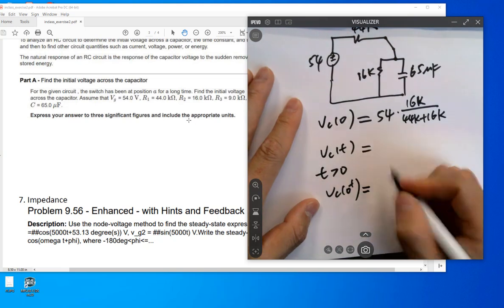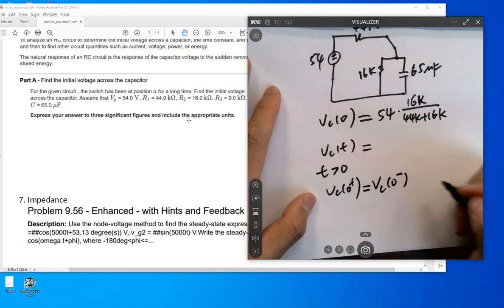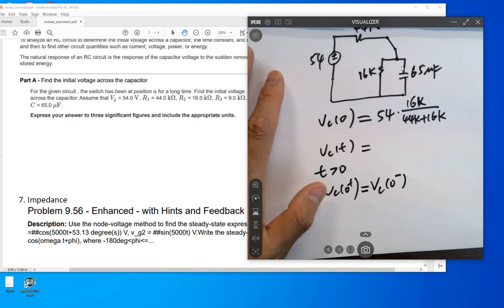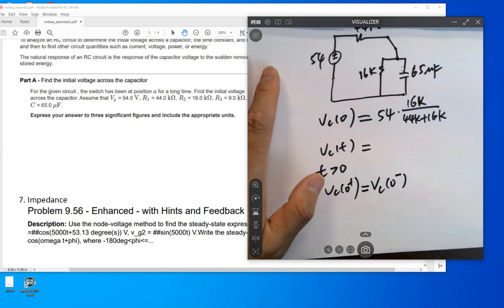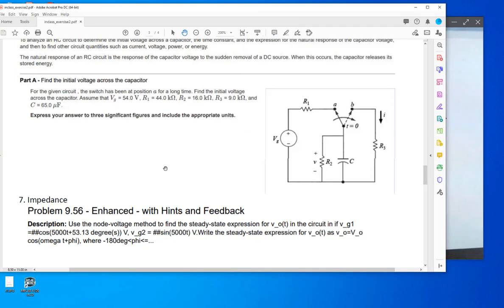Because VC(0+) equals VC(0-), because the voltage across the capacitor cannot change instantaneously. You need an infinite amount of current to change it instantaneously. It's a bucket of water, right? How can you make it take zero time to get rid of the water in the bucket? Is that possible? You gotta pump it out, use a pipe, right? It takes time. Unless you're a magician. Make sense?